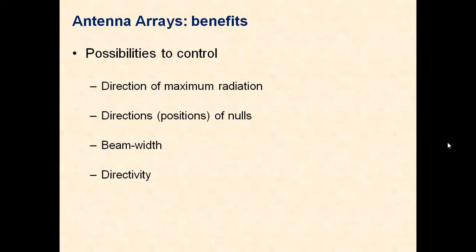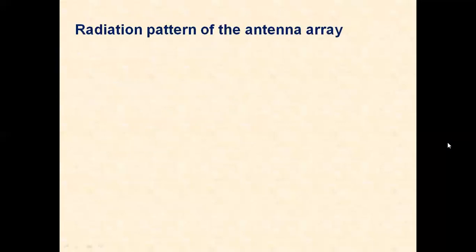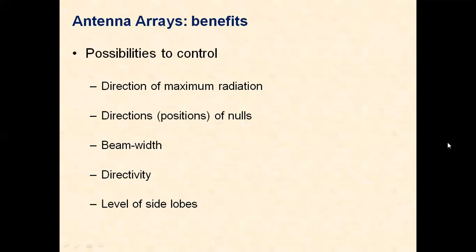Directivity, particularly the maximum directive gain in a particular direction, we can increase. The level of the side lobes we can adjust. So these are the various parameters, the benefits and possible controls, when we make use of antenna arrays.